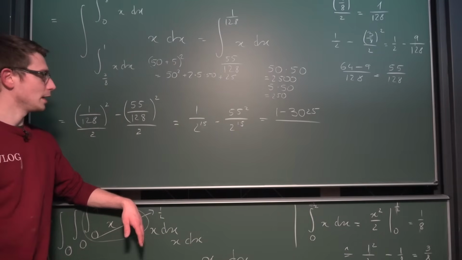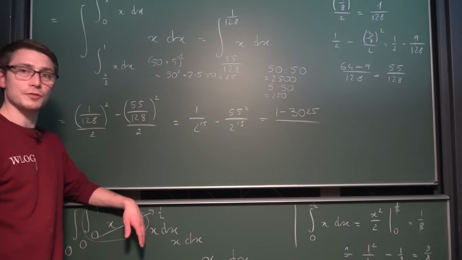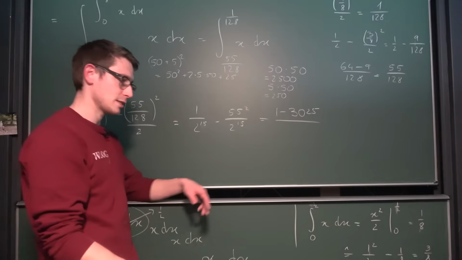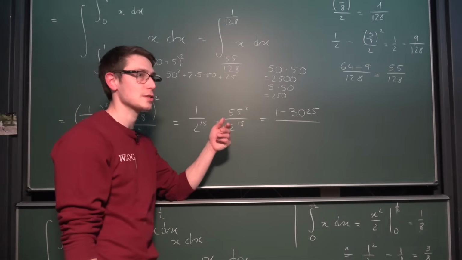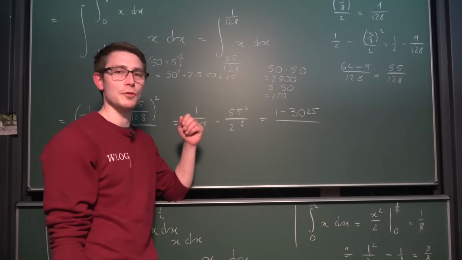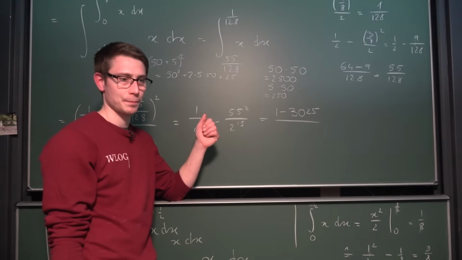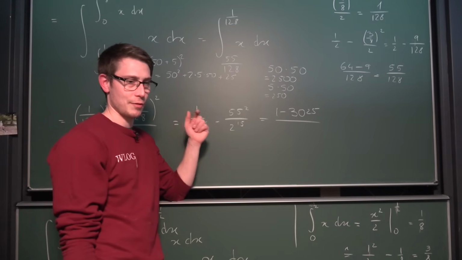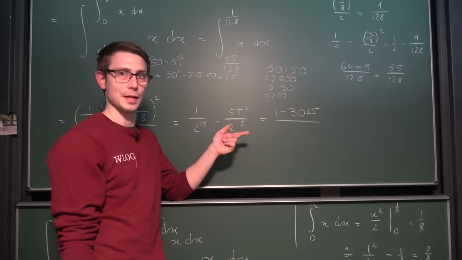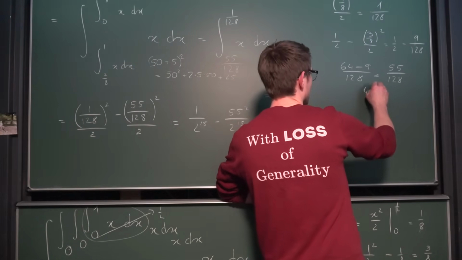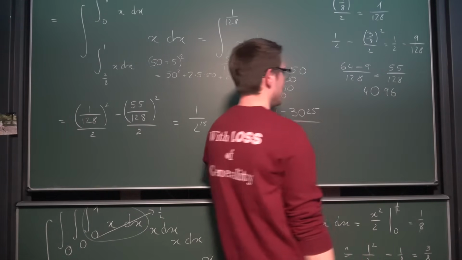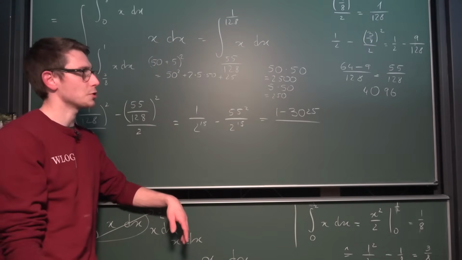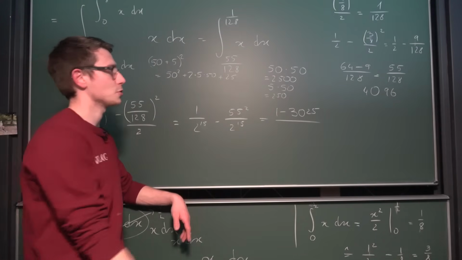Divided by 2 to the 15. So what do we got? We got 2 to the 10th power. This is 1,024. 2,048. And then we have 4,096. And after that, this is 2 to the 12th.